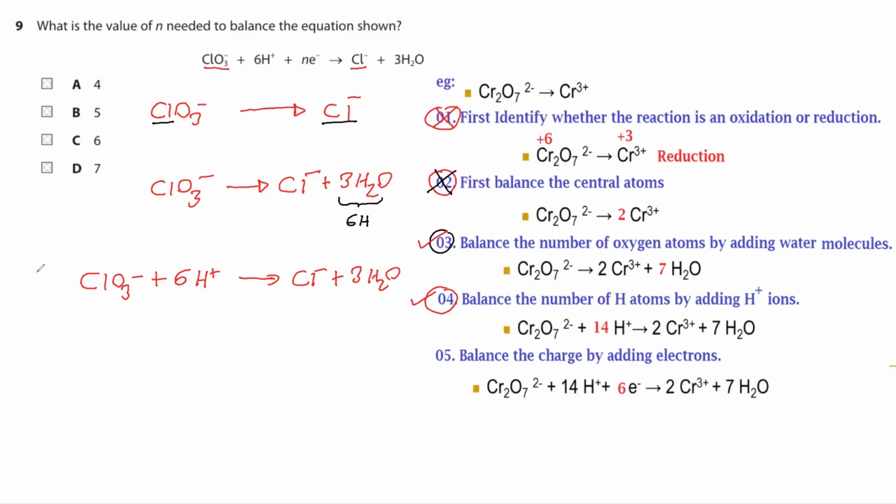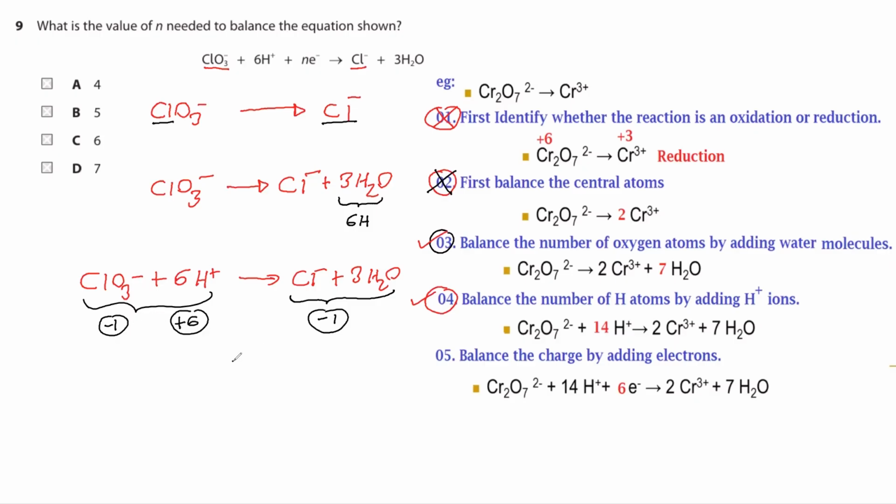Electrons are negatively charged, so you have to add electrons in order to balance the charges. If I look at my product side, there's only one Cl minus ion, so its charge is minus 1. On my reactant side, ClO3 minus is minus 1 charge. H plus ion is plus 1, and there are 6 of them, so plus 6. So this side is minus 1, and this side is minus 1 and plus 6.